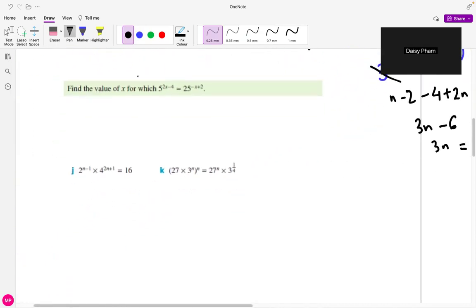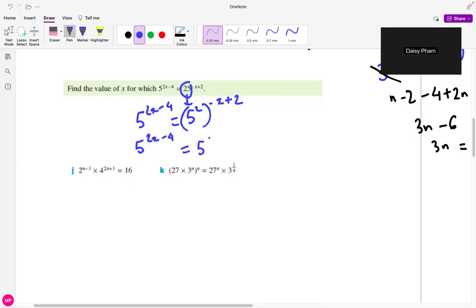Here we have pretty much the same example. So 5 and 25. So 25, you can make it 5 squared, can't you? So write that as 5 squared to the power of negative x plus 2. And then 5 to the power of 2x minus 4, write that on this side. So you would have 5 to the power of 2x minus 4 equal 2 times negative x is negative 2x.